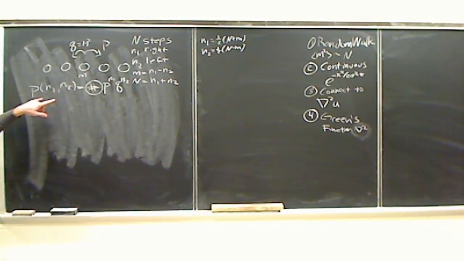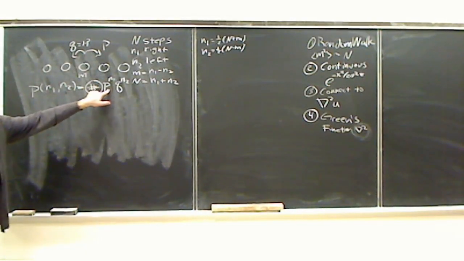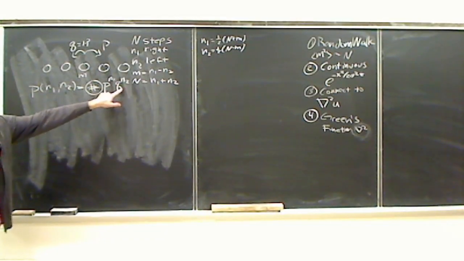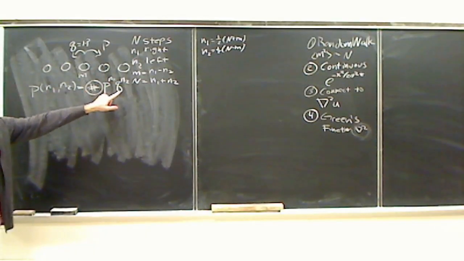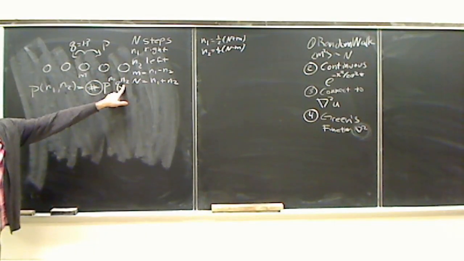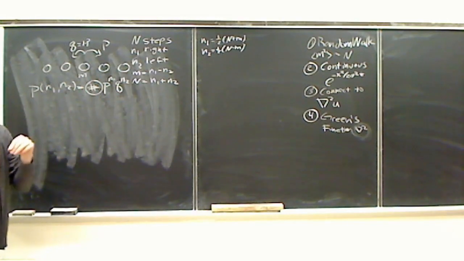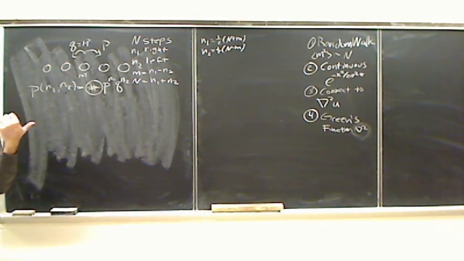Because N1 and N2 are random variables, really there's only one random variable, so we'll simplify this. It doesn't have to be a two random variable thing. It's going to be P to the N1 times Q to the N2 times the number of ways to do N1 and N2. Does that make sense? So if there's two ways for me to go to the right, but only one way for me to go to the left, then I have to weight going to the right more.